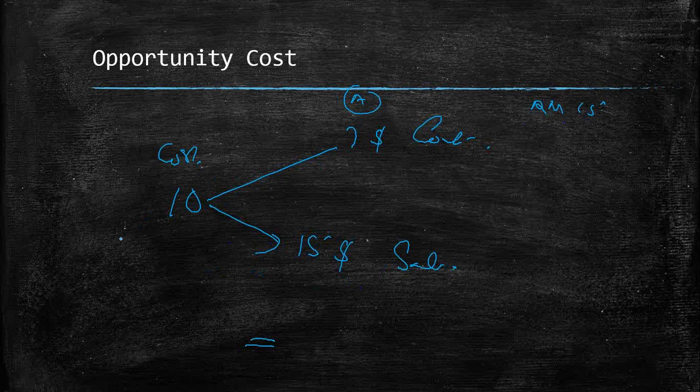So even though the real cost is 10, the relevant cost is 15 because this is my opportunity. I can sell the raw material and get 15, or I can do the product and make a 7 contribution. So I have to think in terms of the foregone thing, which is $15, and that is my relevant cost of raw material, even though the true cost is 10.